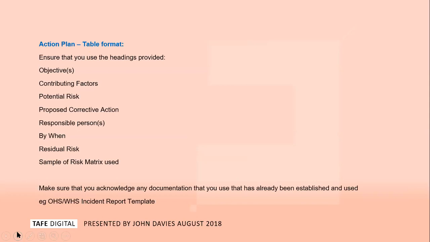Potential risk. Use a risk matrix to assess the likelihood and consequences of the incident happening prior to any corrective actions, and enter the corresponding risk ranking. Then assess the potential risk, always using the worst case scenario. Propose corrective actions.